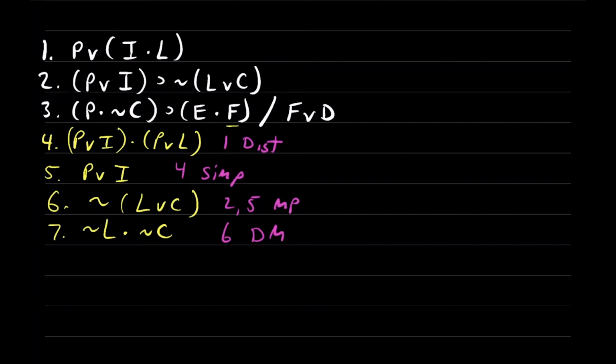I think it will be. Okay, line 8. First of all, we need to reverse the order of that conjunction in line 4 to get P or L on the left. So P or L and P or I. That's going to follow now from line 4 by commutativity, COM.